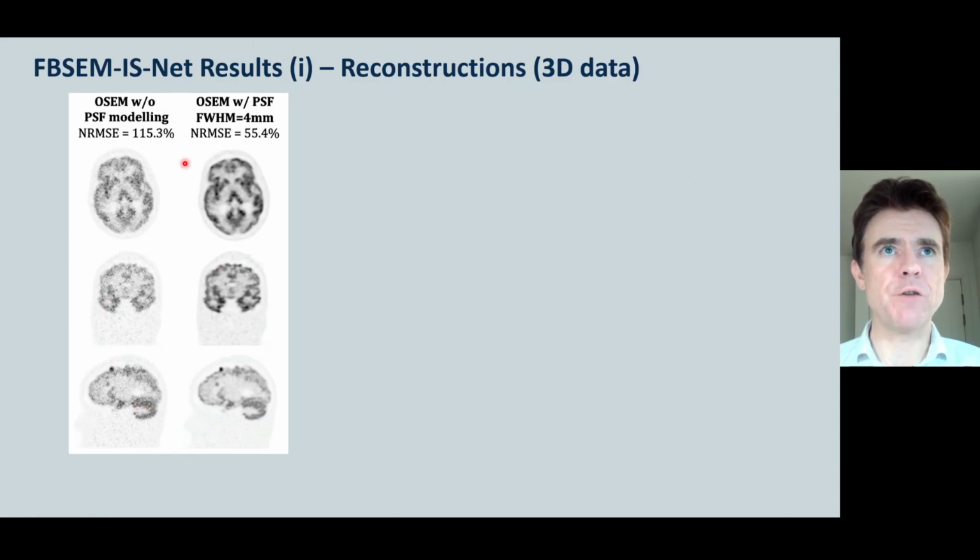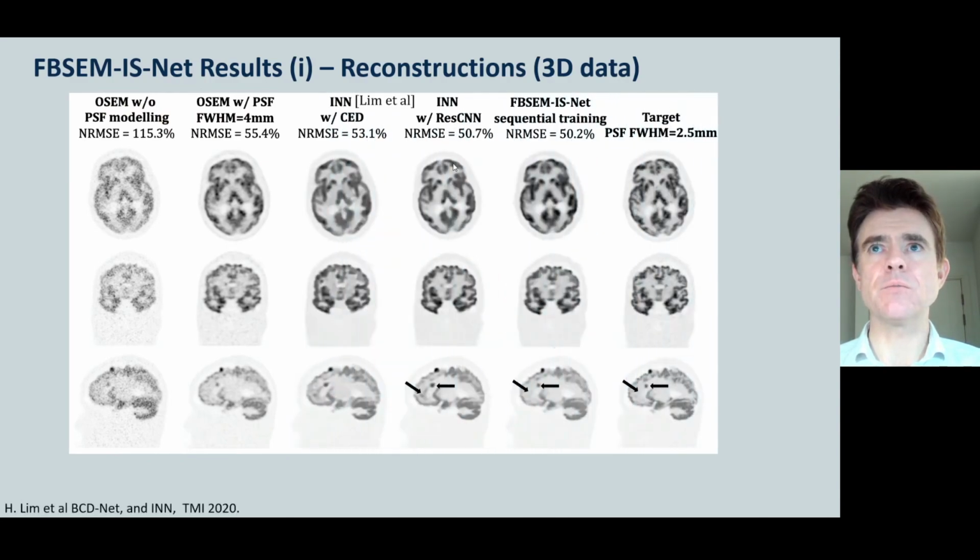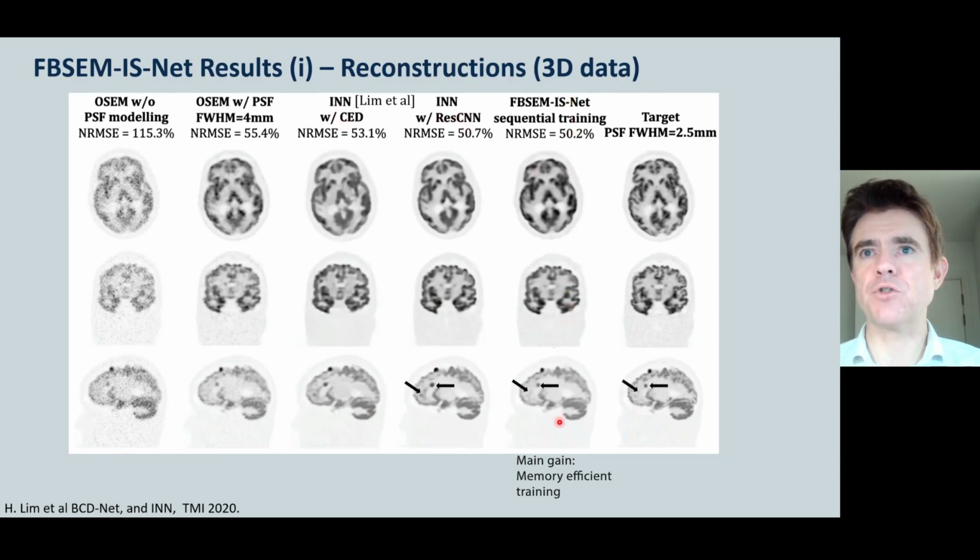First of all, just giving reference points, OSEM with and without PSF modeling. And then with the iteration-dependent targets and with sequential training, this is the result obtained here, which is being compared with the iterative neural network implemented independently here with two different architectures. And we get quite satisfactory results here compared to the high-quality reference.